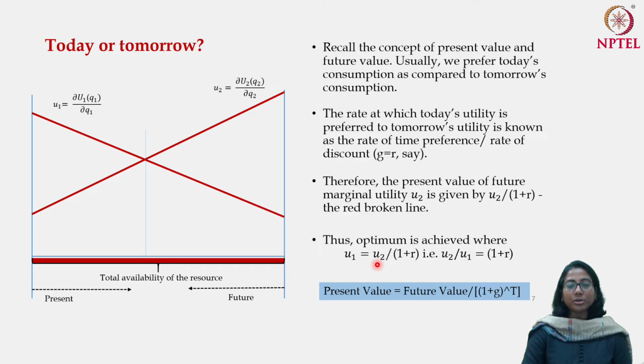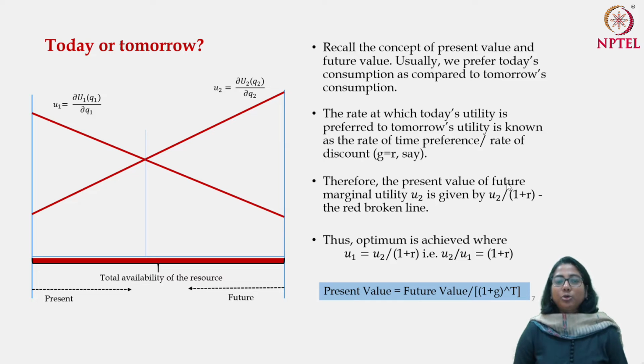How do we denote that in our diagram? Instead of this solid red line, we derive another line. Now how do I incorporate the same in the diagram that we have?